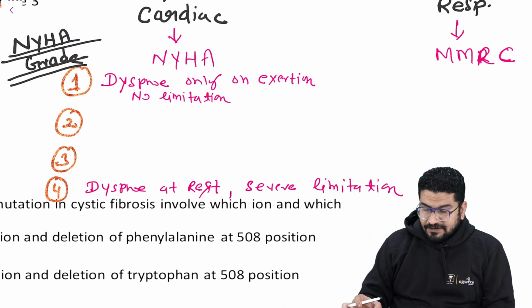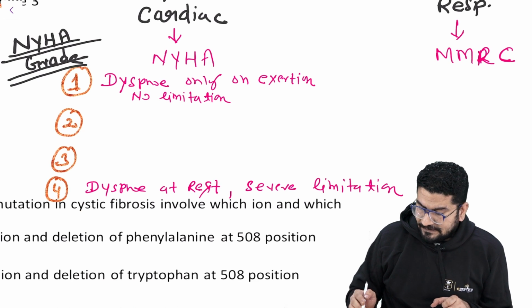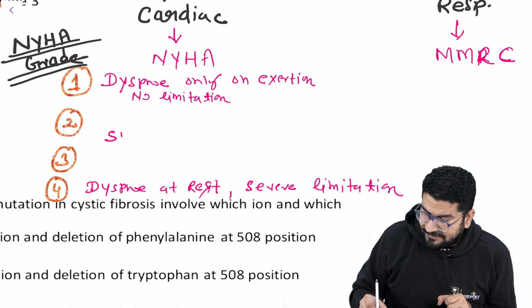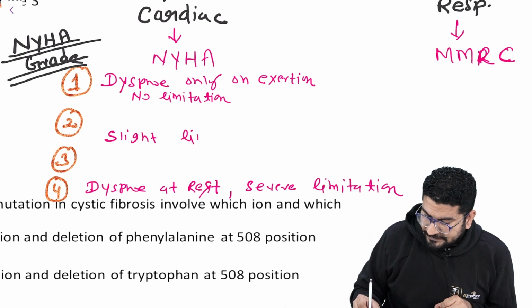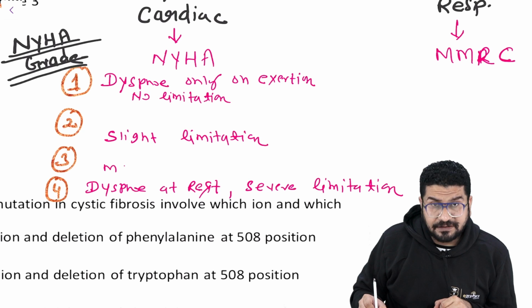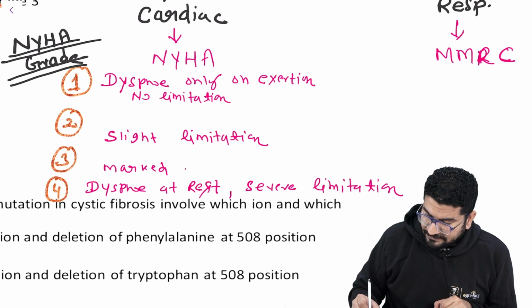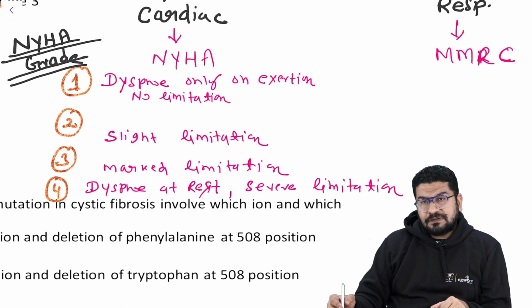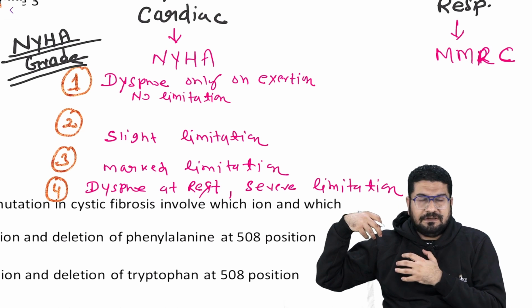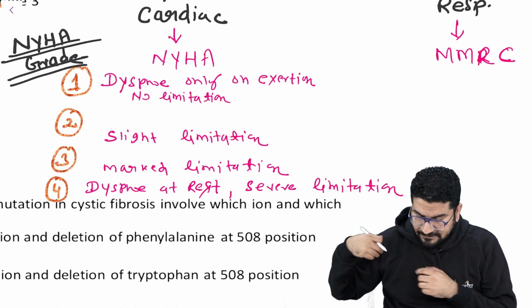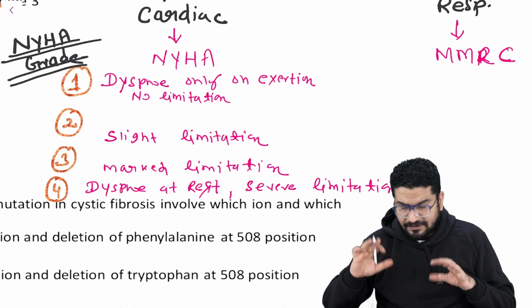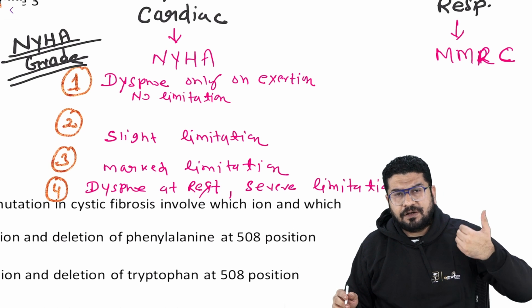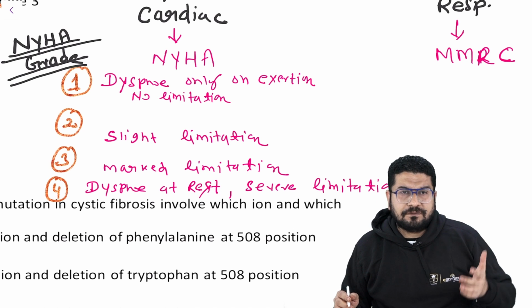Then if I talk about grade 2 and 3, understand this. In grade 2 there will be slight limitation, and in grade 3 you will see marked limitation, right? If I talk about grade 2, suppose a patient is carrying a heavy bag, or doing ordinary activities like running a little fast, or walking for 300-400 meters.